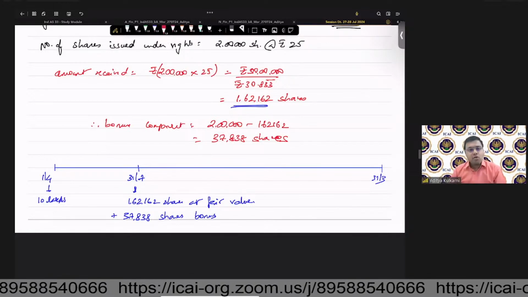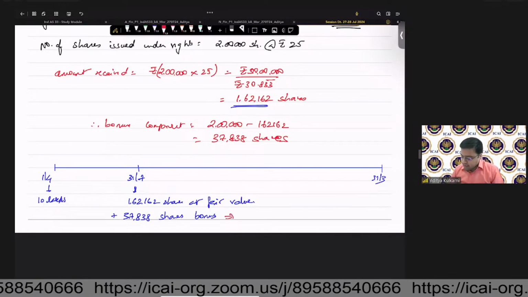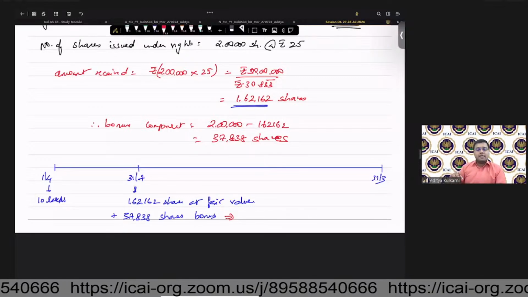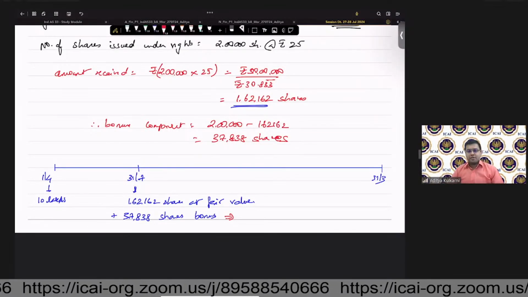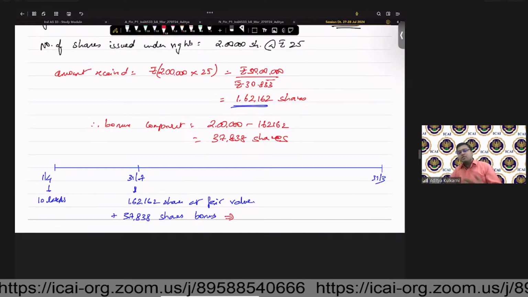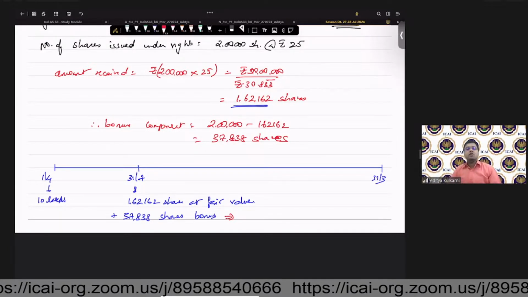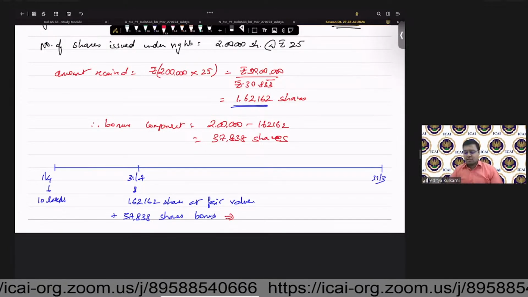So what is the rule for bonus? These shares are already deemed to form a part of the capital structure right from the inception. Whereas for the remaining shares where the resources have come in at fair value, you will do a weighted average for time.